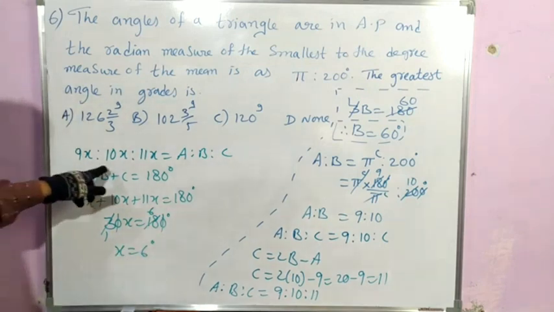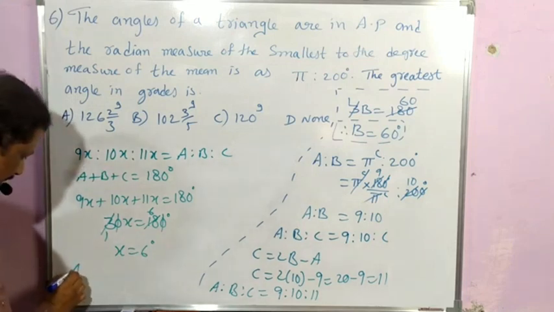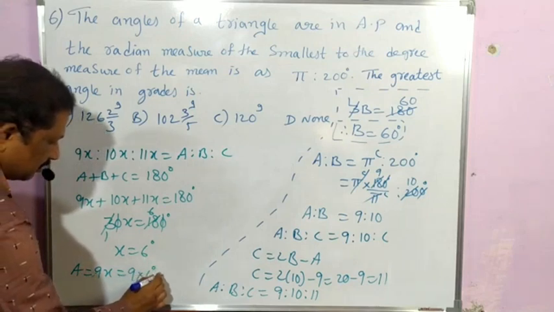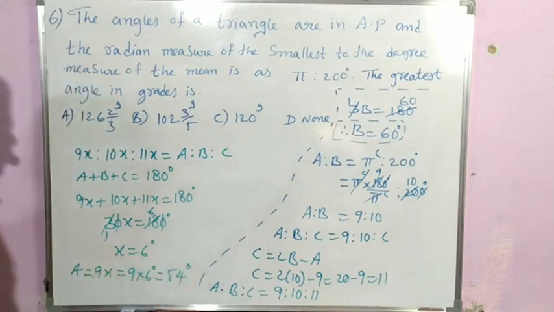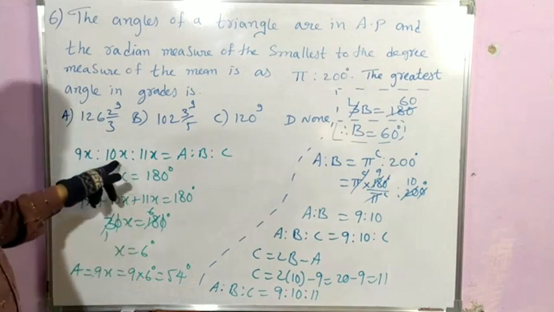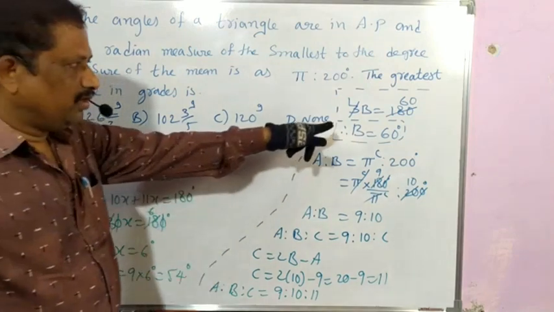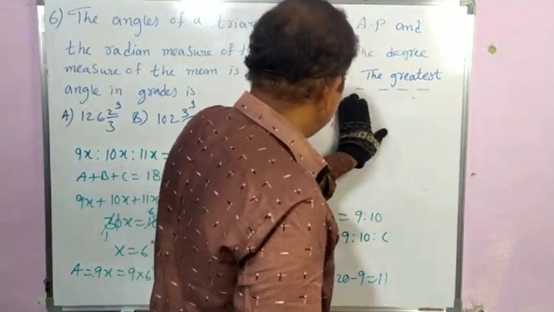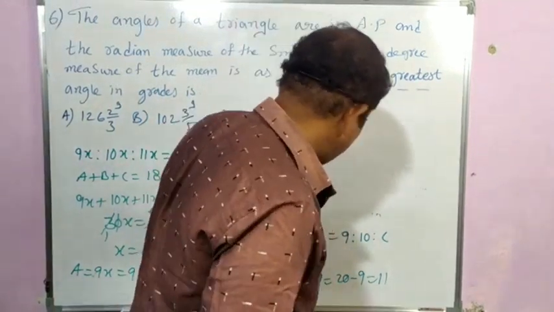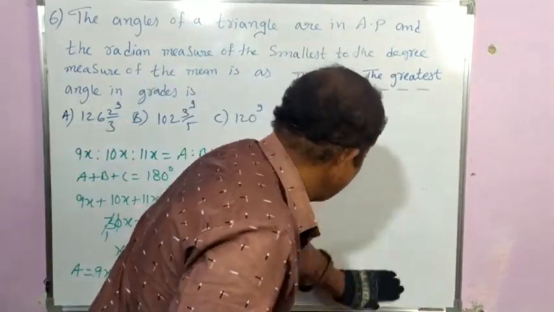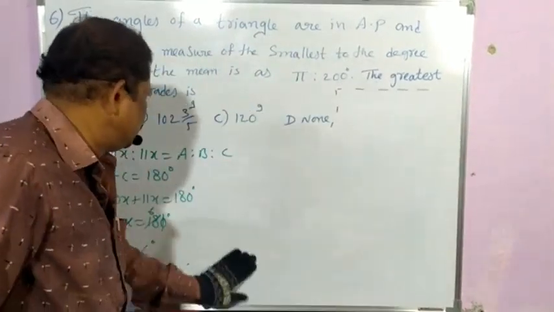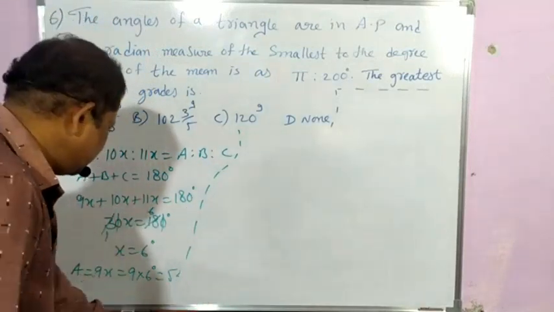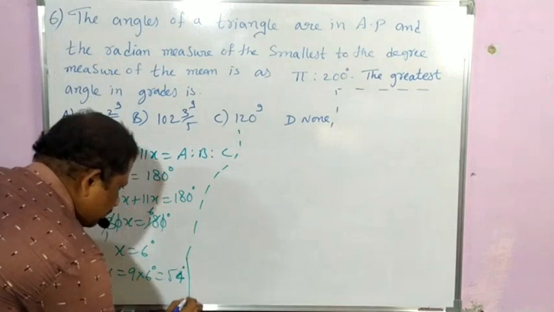So multiply with this. A is 9x, that is equal to 9 into 6 degrees, 54 degrees, the smallest angle. B is 6 into 10, 60, which we already got.